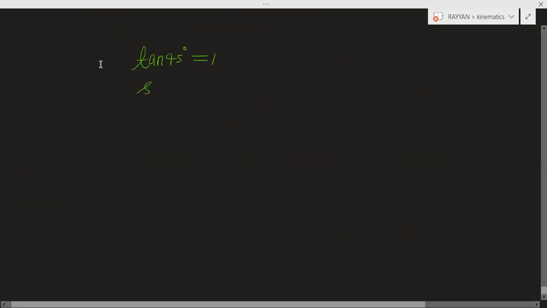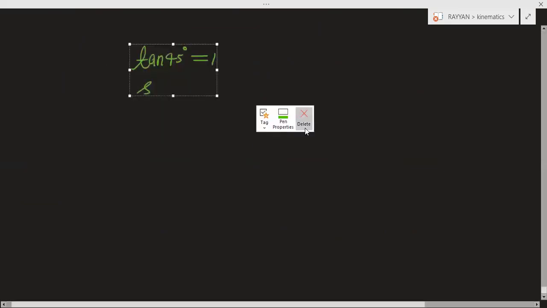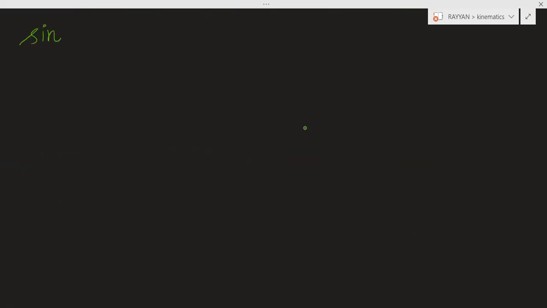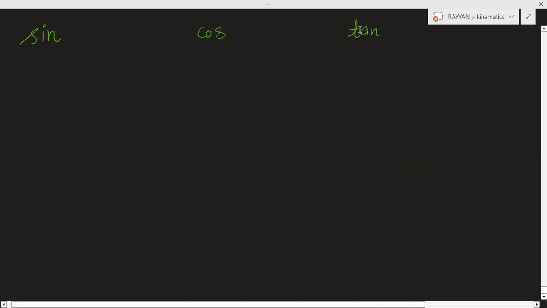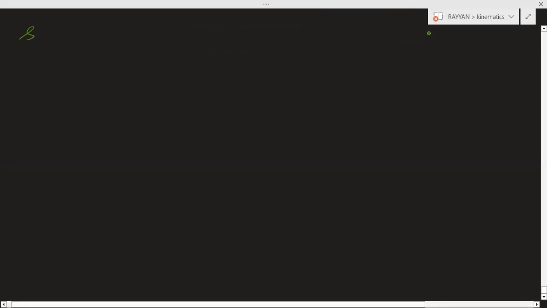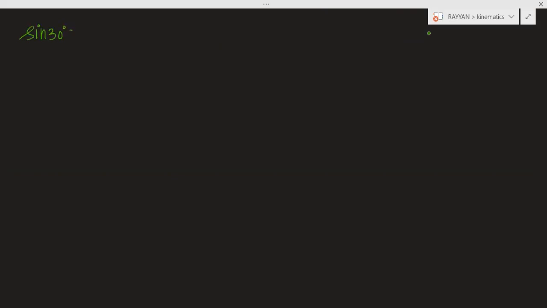I am starting with sine. There is sine in trigonometry, there is cos, there is tan. At least these things you should know. Sine, cos, tan, and there are some others.